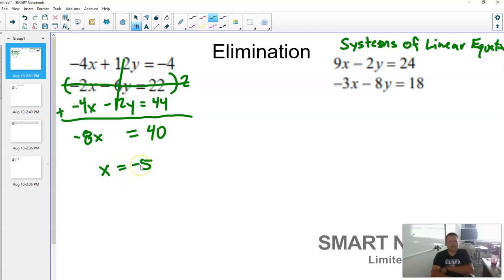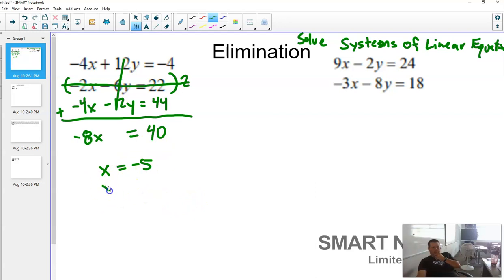And so what I'm trying to do whenever I solve these, I want to know what x and y values can go in there that makes both equations correct. Again, when I'm solving my system, I want to know what x value and what y value can go into both equations to make it correct. So I know x is negative 5.